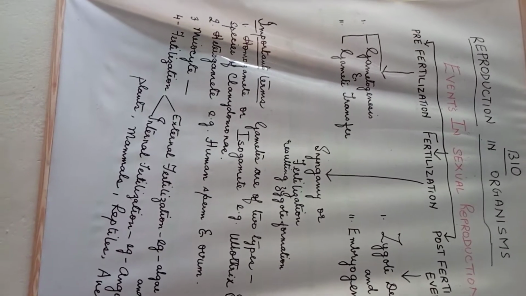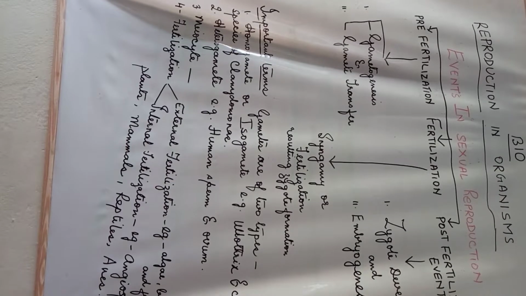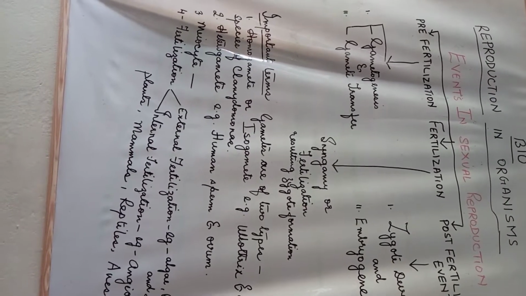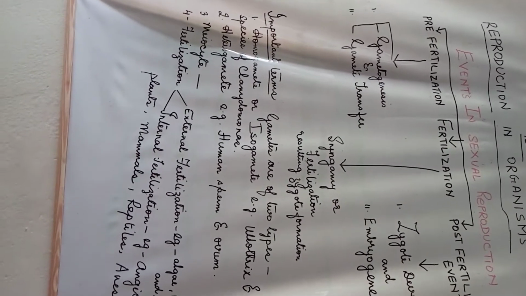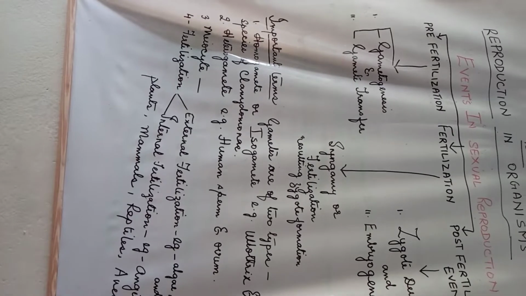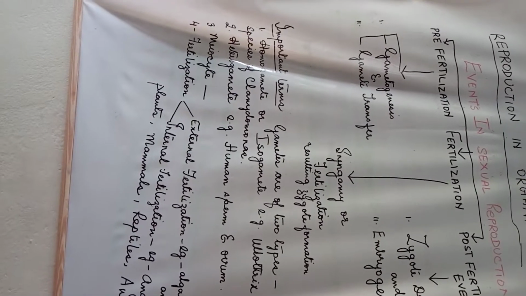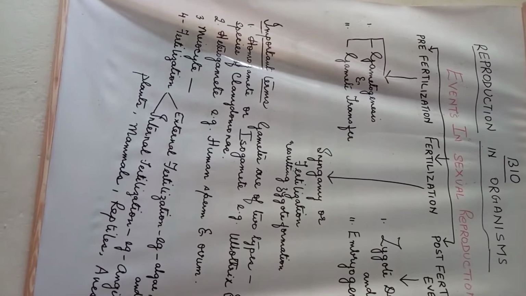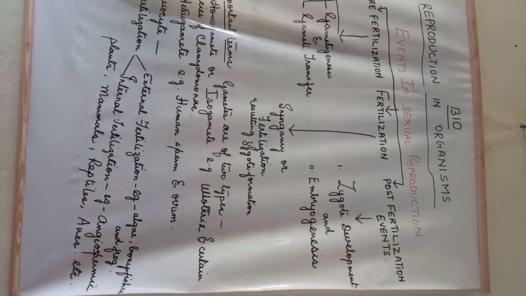In bryophytes and pteridophytes, water is the medium for transfer of gametes, where the male gametes are motile and female gametes are stationary. Since many of the male gametes fail to reach the female gametes, a large number of male gametes are produced to compensate for this loss.